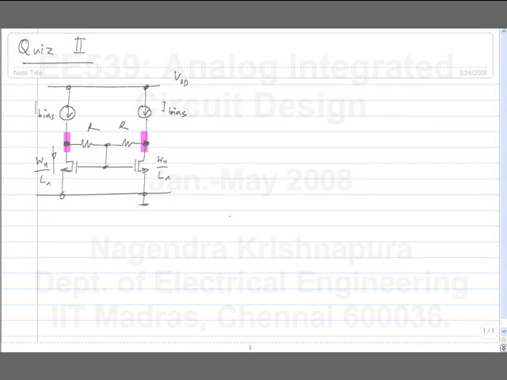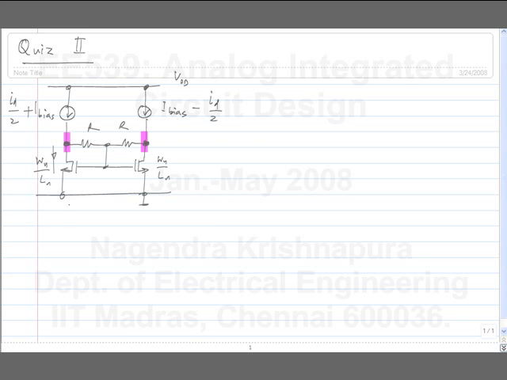The next one is when an antisymmetric input is applied. So this is clearly the case where you use the differential equivalent circuit. Now ID is given to be small, so you use the small signal equivalent.